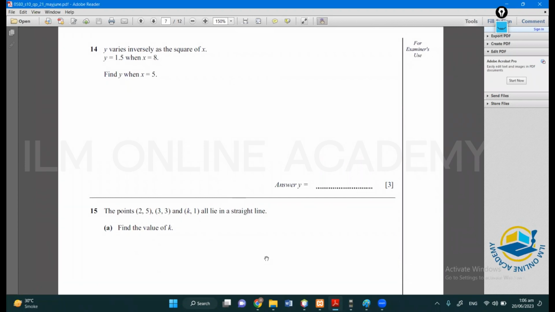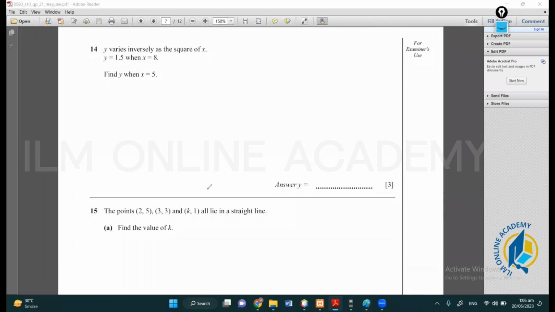In question number 14, it is being said that y varies inversely as the square of x. They are saying that when y equals 1.5, x equals 8, and we have to find y when x equals 5.